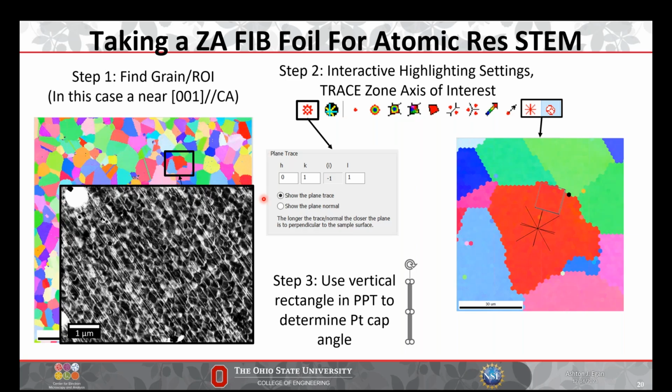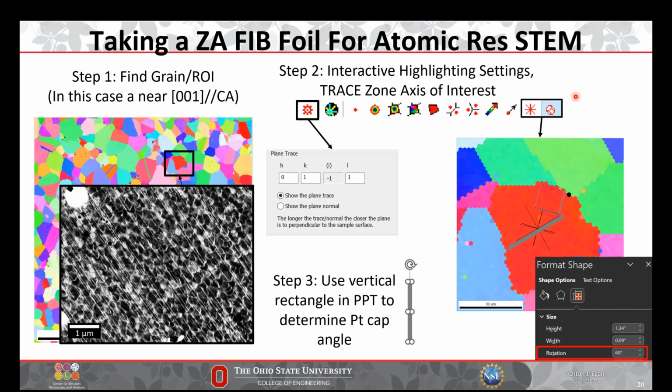And so to look down the edge of them, we would have to lay the platinum along this 011 type plane trace. And so what I've done here is just throw a vertical rectangle into PowerPoint along with the grain map, and then I just rotate it so that it matches the trace.